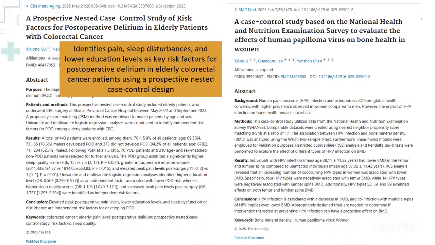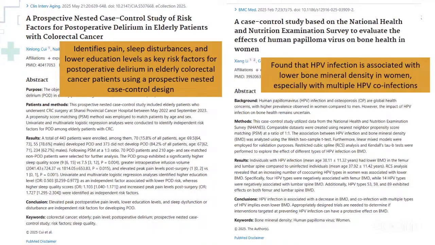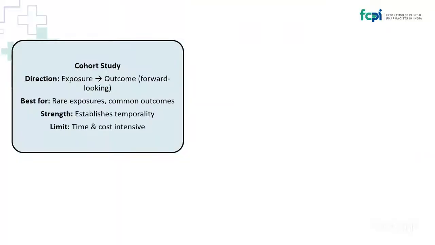Now, let's revise what we have learned in the types of analytical observational study. So first is the cohort study. In a cohort study, we analyze the exposure and we will see what the outcomes will be. It will look forward into the future and it will give us an idea of what the outcome will be for the recruited sample.